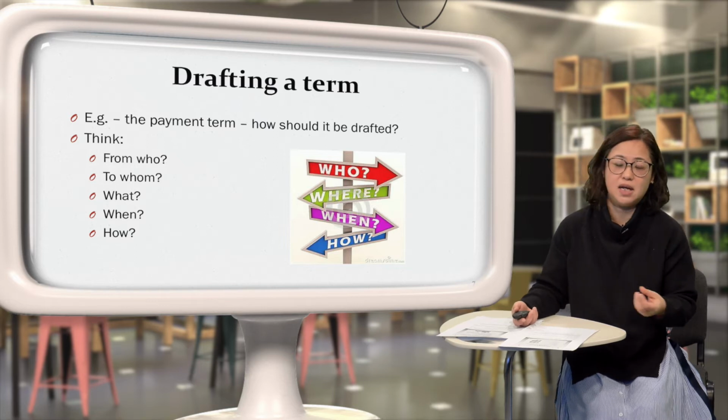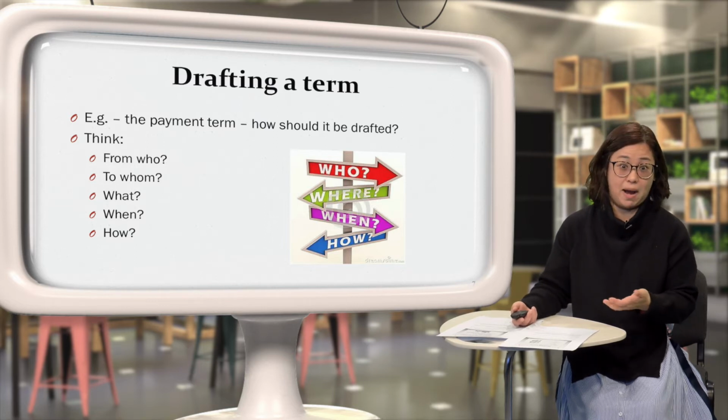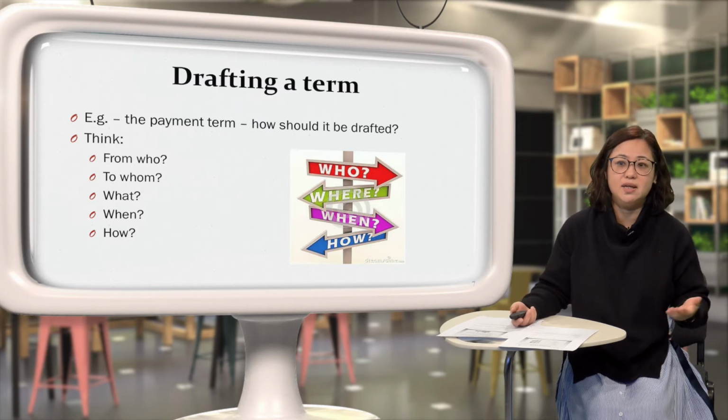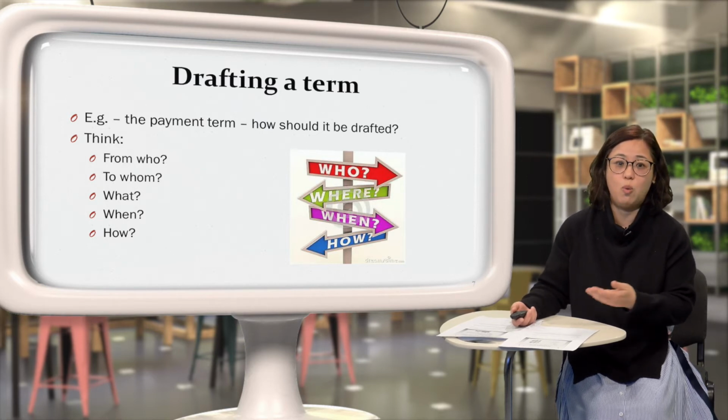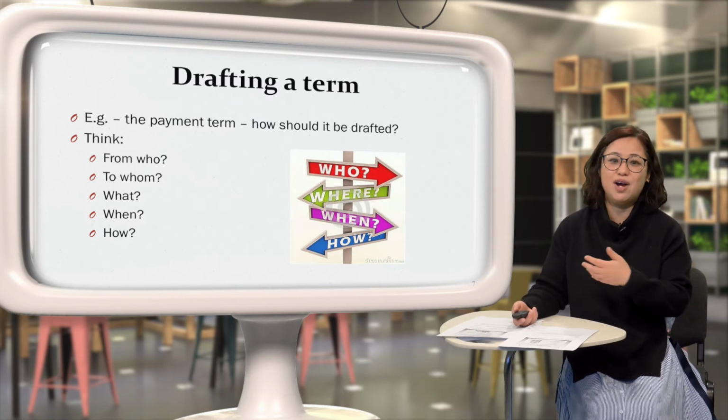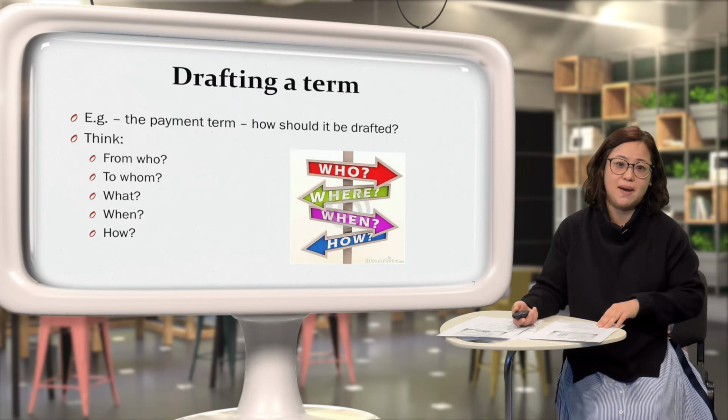By check, by telegraphic transfer, by cash, millions of dollars? And if it's a large amount of money, you can also think about payment by installments. And you have to think how much, when, how many installments, and see if the other side agrees. So even drafting a payment term, there's a lot to think about.